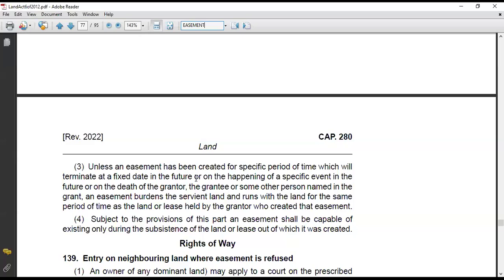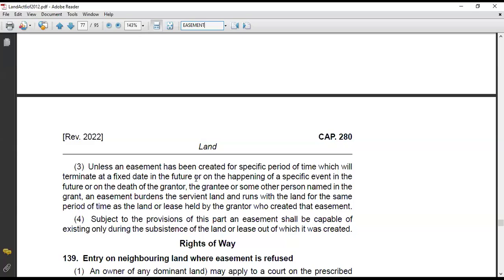That's an example of the specific event I would have in mind. So that is a change of circumstances: significant changes that make the easement no longer necessary for the dominant land.